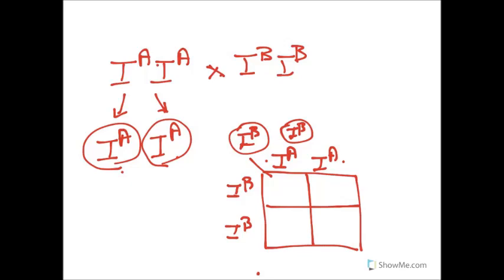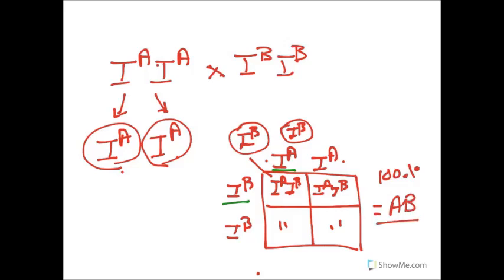Now what we're going to do is take this and combine it. So we would get IA, IB, and every one of these would be the same, right? All IA, IB, so 100% of their children would have AB blood if they're homozygous dominant.